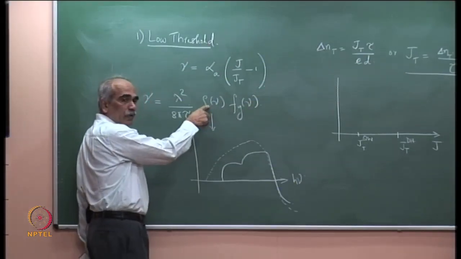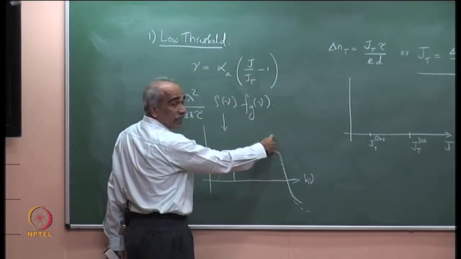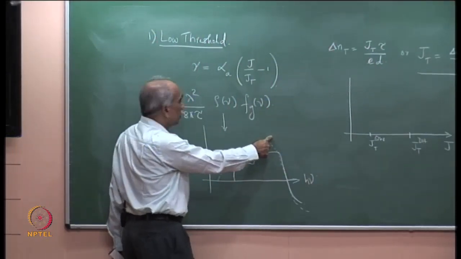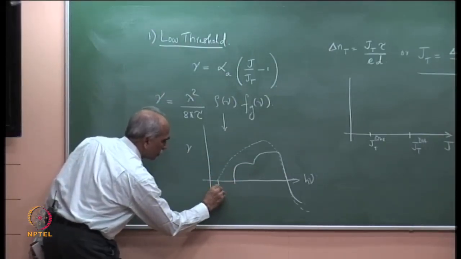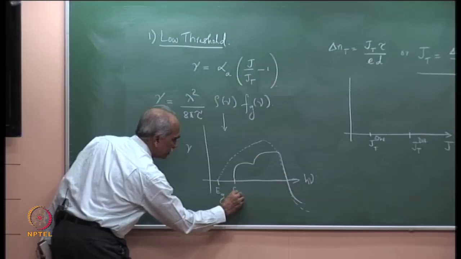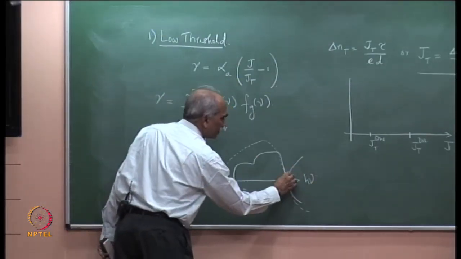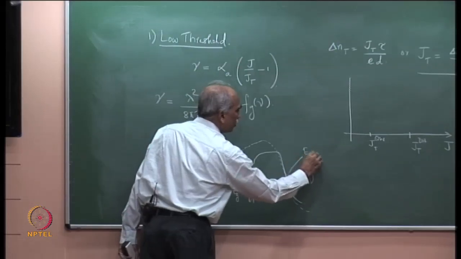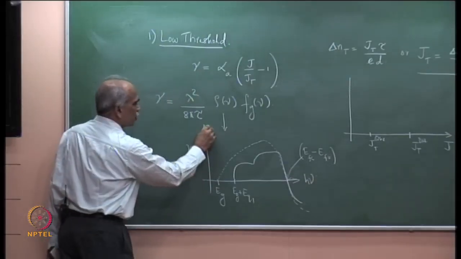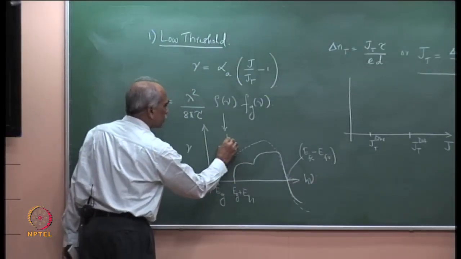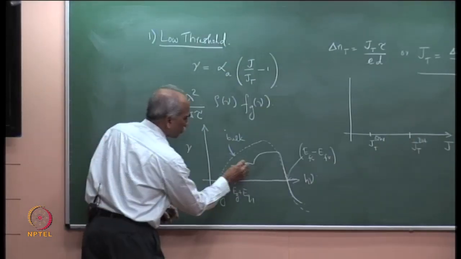Rho nu for the bulk case is varying like this, that is E to the power of half, whereas for quantum well structures it was a step function, and if you recall, this is Eg, this is Eg plus Eq1, and what is this energy? This energy was EFc minus EFv. This is the gain coefficient for bulk, and the other one is for quantum.